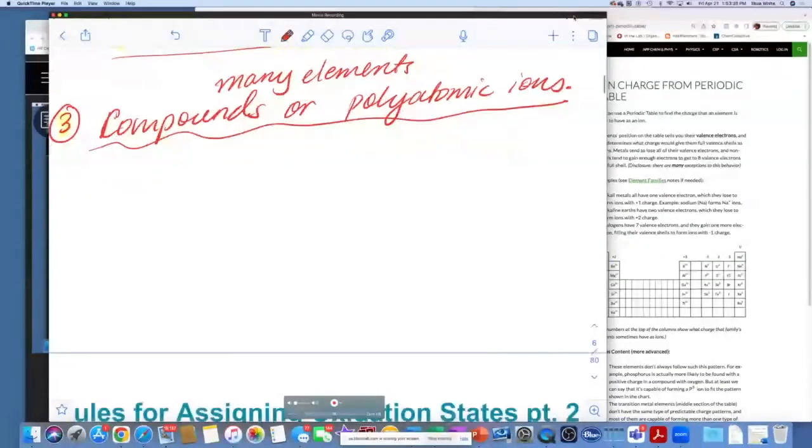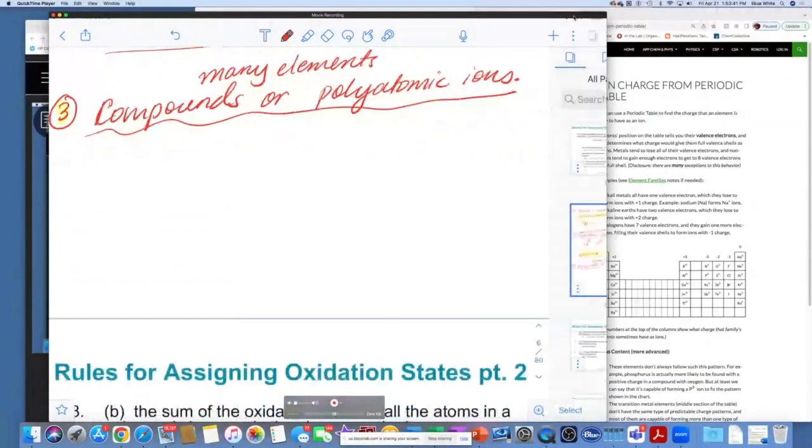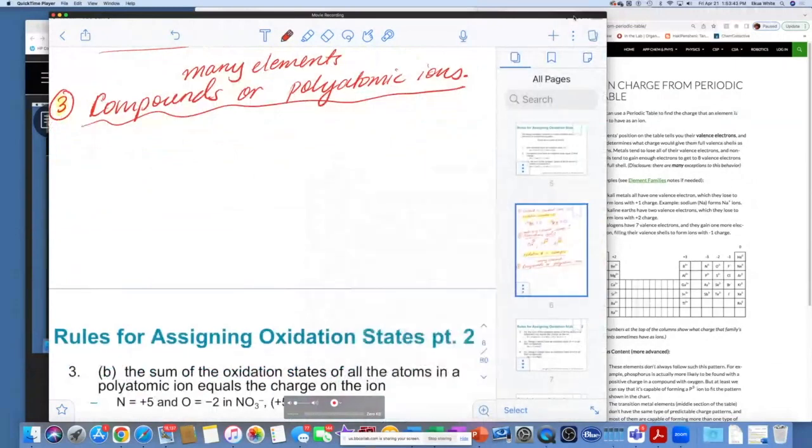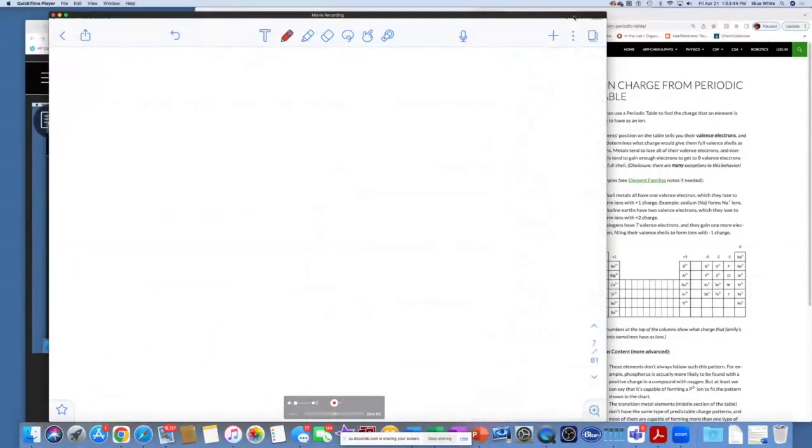Let me give the general rule for ionic compounds, then we'll come back once again and look at this and summarize it. The general rule for ionic compounds.